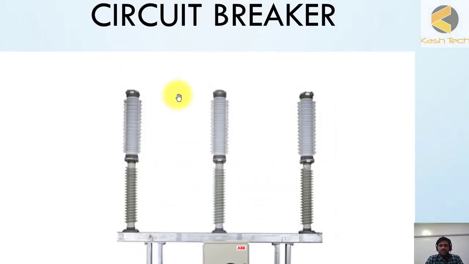This is basically the pole. We call it the pole of the breaker. The mechanism will operate and push the interrupter inside these poles. It will open when we want to interrupt the breaker.